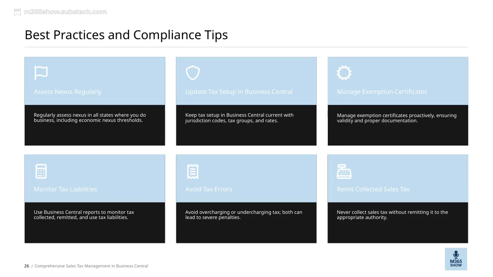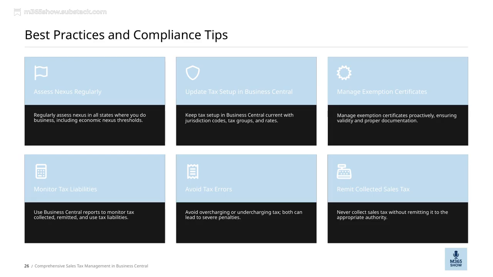Managing exemption certificates proactively is another important step. Always verify their validity and keep proper documentation to avoid issues later on. It's also vital to regularly assess your nexus, meaning the states where you have a tax obligation. This includes not just physical presence, but economic thresholds as well.